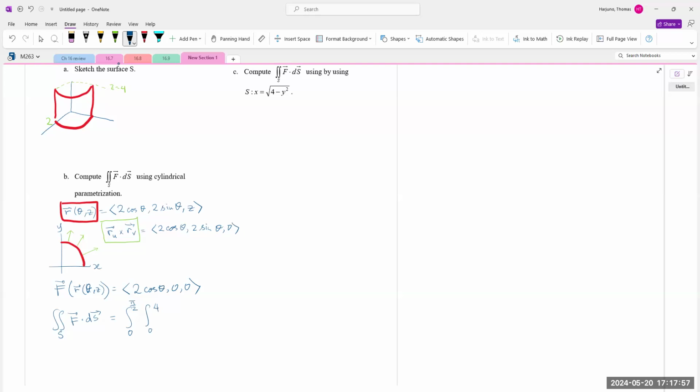Okay, and the F will be, let me just do F dot dS right away. Okay, that will be 2 cosine theta times 2 cosine theta dz d theta.